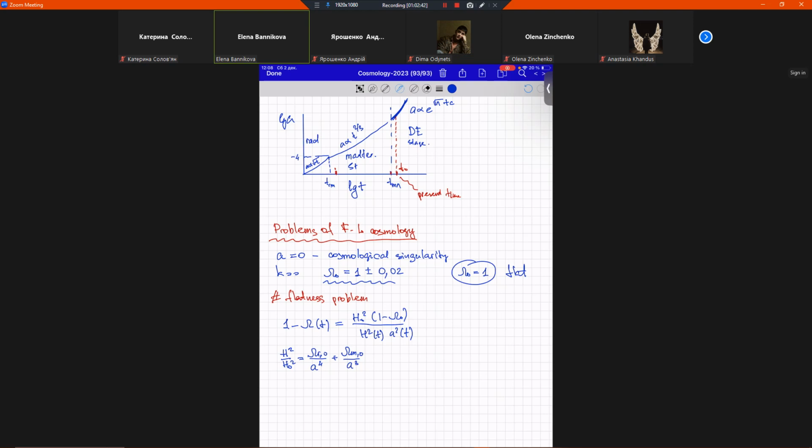And if we put H squared here, we finally have the expression which will be useful for us. So this is (1 minus omega 0) a squared divided by (omega r0 plus a omega m0). We will use it now to estimate what was in the past.